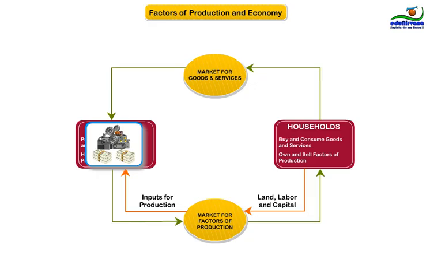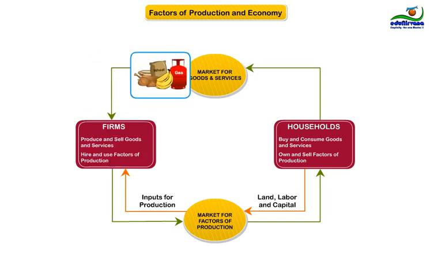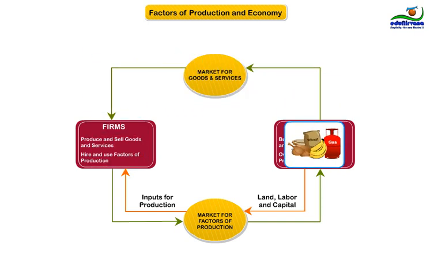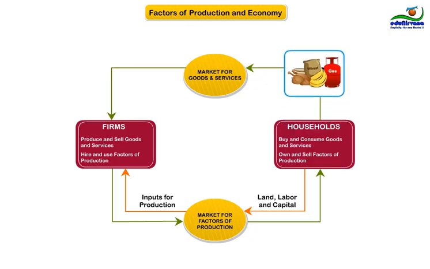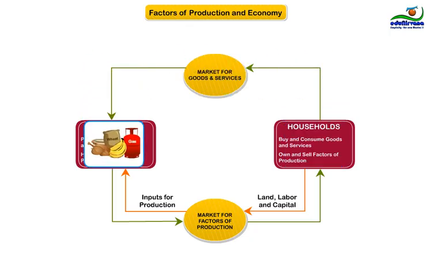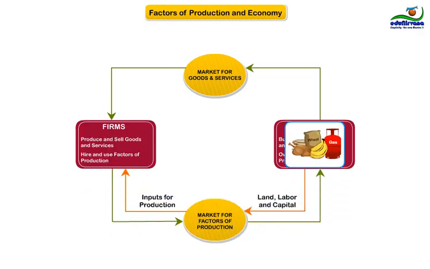The firms then use these factors to produce goods and services, which in turn are sold to households in the markets for goods and services. Hence, the factors of production flow from households to firms, and goods and services flow from firms to households.